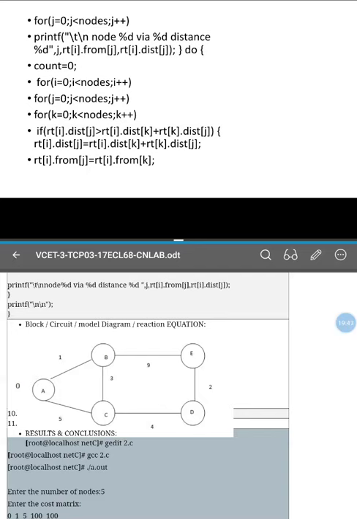Similarly, it will see from 0 to 3. From 0 to 2, even 5 itself is the shortest. Then it will check from 0 to 3, so it is A to D. To check from 0 to 3, what it does is, the already entered data is 100. In case this value 100 is greater, it has to be discarded.